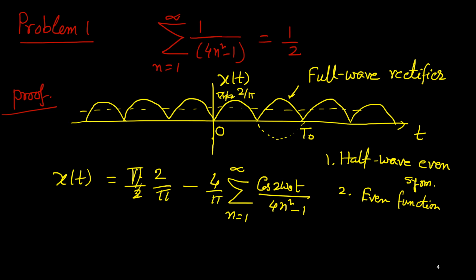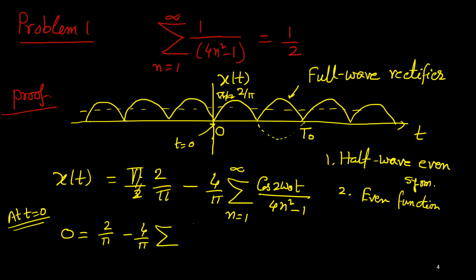Now here you will see at t equal to 0, we can get, you see, this point at t equal to 0, and its value is clearly 0. So left hand side it is 0, and right hand side it is 2 upon pi minus 4 upon pi times this summation. You see, all cos components at 0, cos of 0 is always 1.